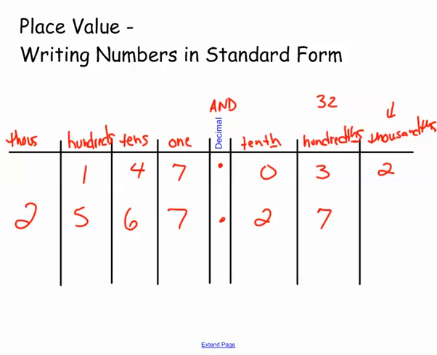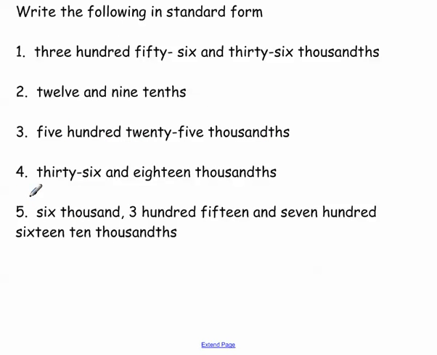All right, so let's practice some of the things that were on your quiz and see how you did this. First thing you want to look for is that word and, because that means that any number to the left of it is a whole number, and this was my decimal part. All right, so 356, and so that tells you there's a decimal, and then 36 thousandths.